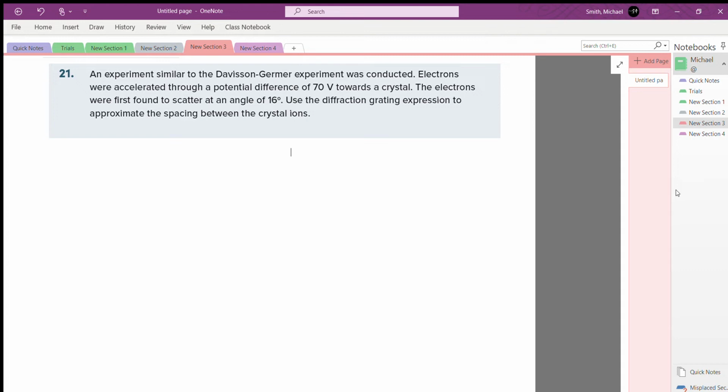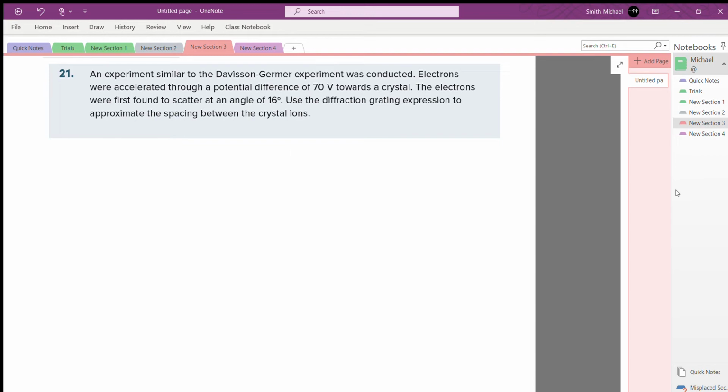What we need to do is use our diffraction grating formula to approximate the spacing between the ions in the crystal. Now, before we start calculating this spacing, it's worthwhile going through the steps and the concepts that we need. First, it's easiest to work backwards.